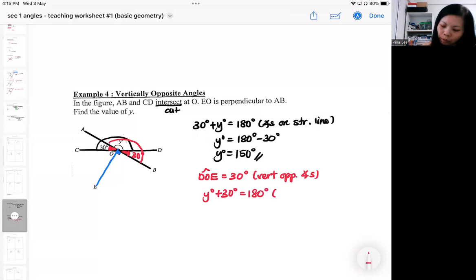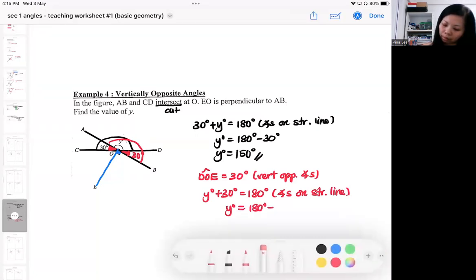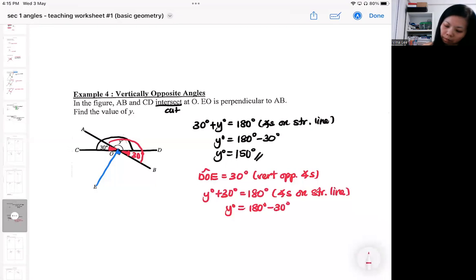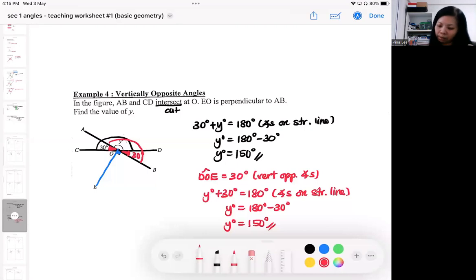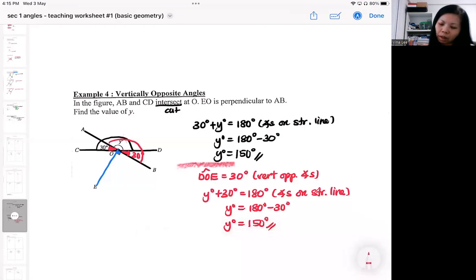So if you want to put in the vertically opposite angle, then it will be something like this. You will still get the same answer. So there are two methods to it. Obviously the vertically opposite angle method is not very necessary. I'm just trying to show you that it can happen, that you can be using more than one property for a single angle.